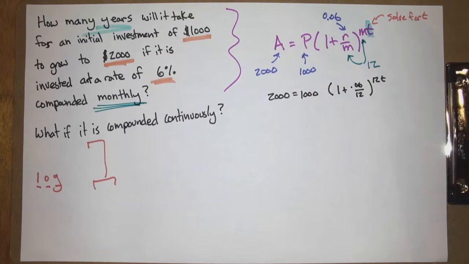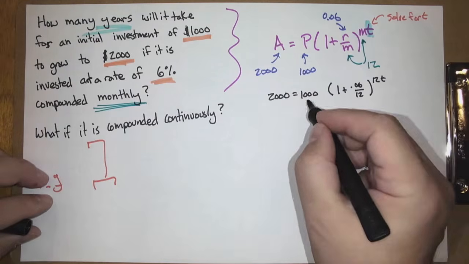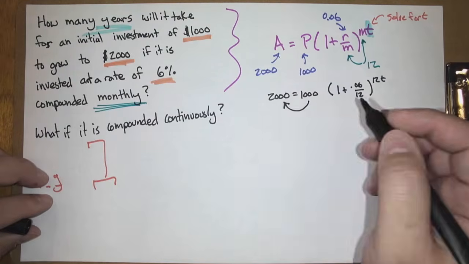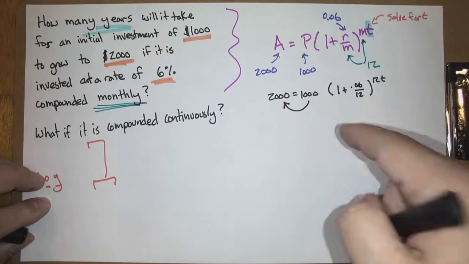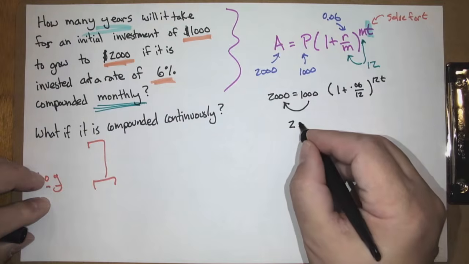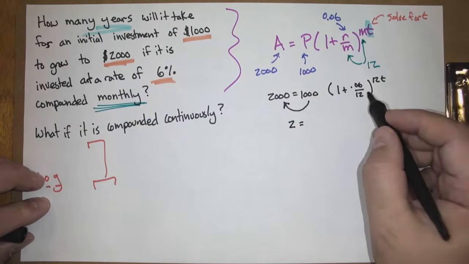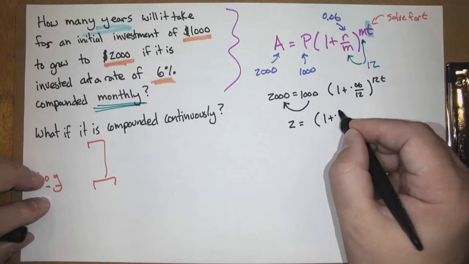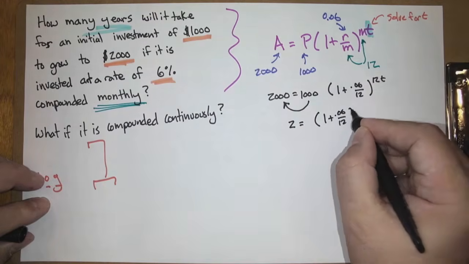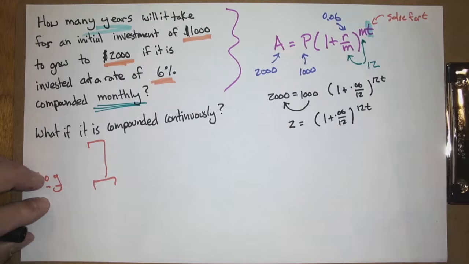Now, before we take a log, I would move the 1,000 across. How do we move the 1,000 across here? Divide, because there's a multiplication going on. So we get that 2 = (1 + 0.06/12)^(12t). All right, we know what's coming.